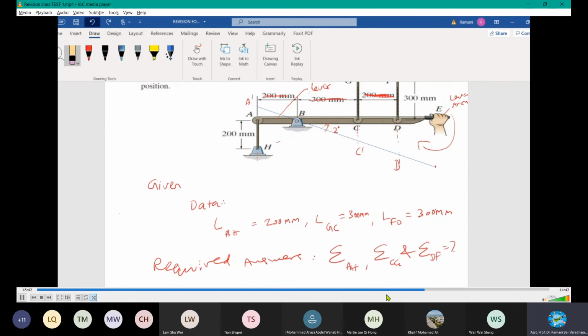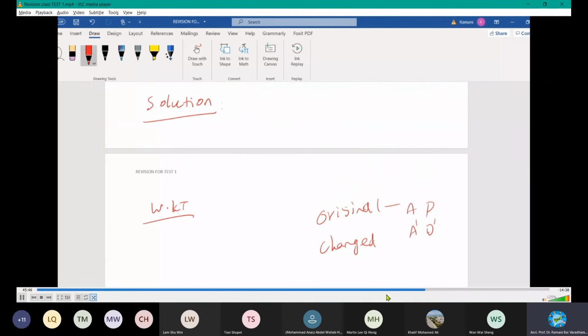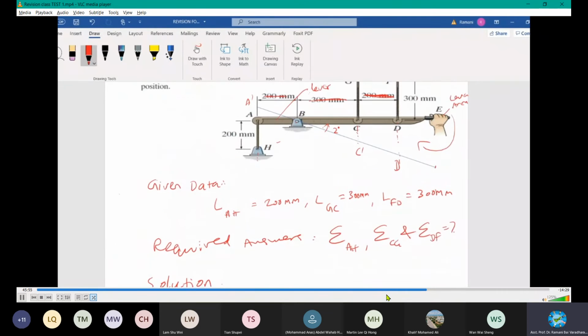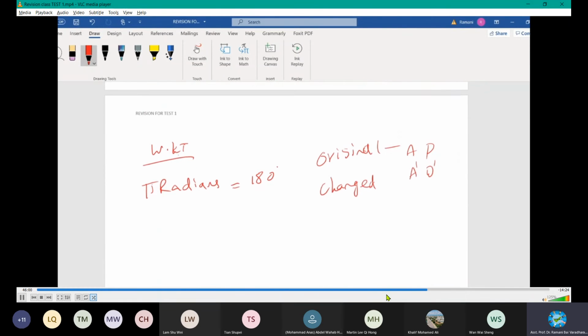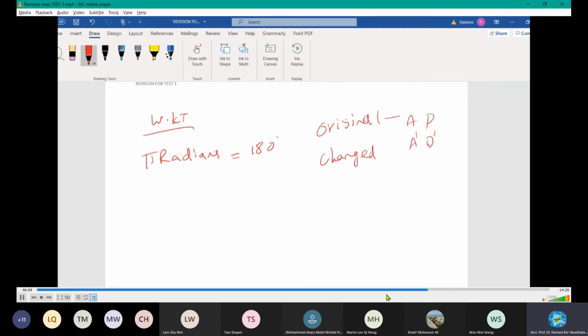What is the relation between radians and degrees? Any idea? Pi radians equal to 180 degrees. Because we cannot substitute 2 degrees as it is for calculating the values. It is possible by trigonometry, but let's change to radians. You are given 2 degrees, right?